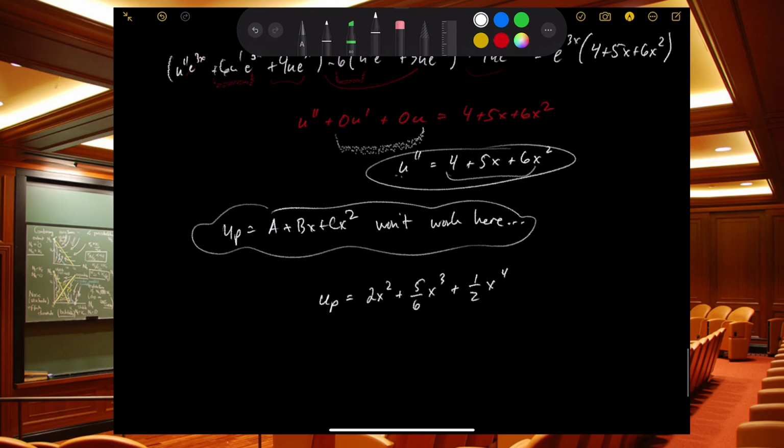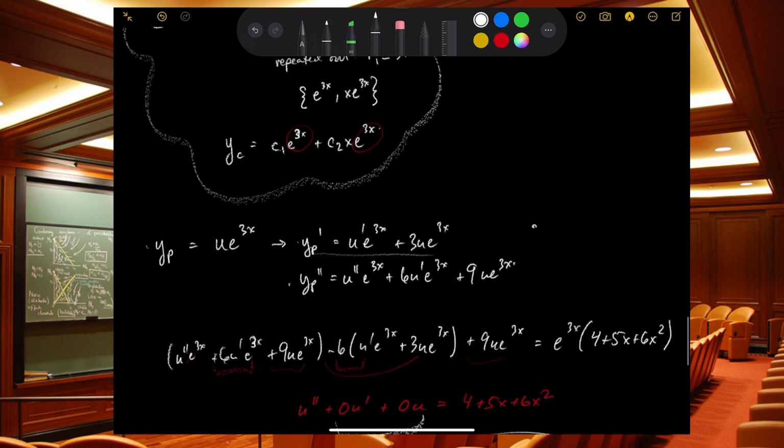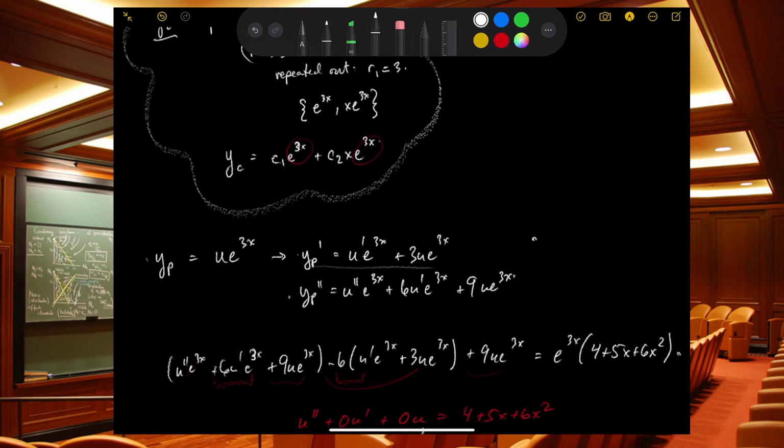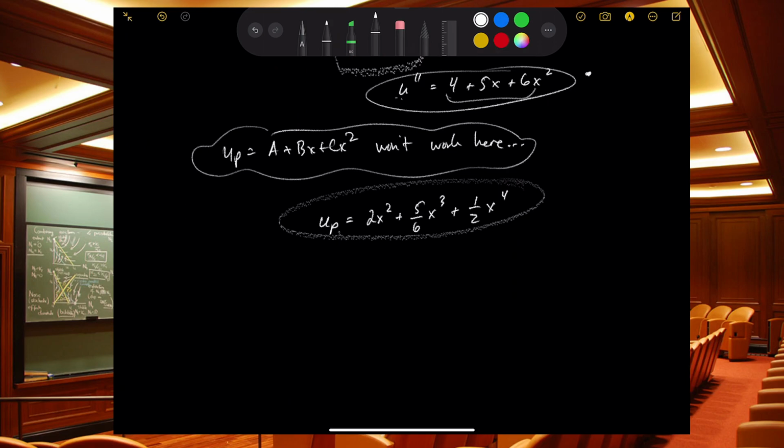So that's just this integrated twice, when we take the constants of integration to be 0, because this is just a particular solution to this equation. And again, this can be rewritten as x squared times 2 plus 5/6 x plus 1/2 x squared.